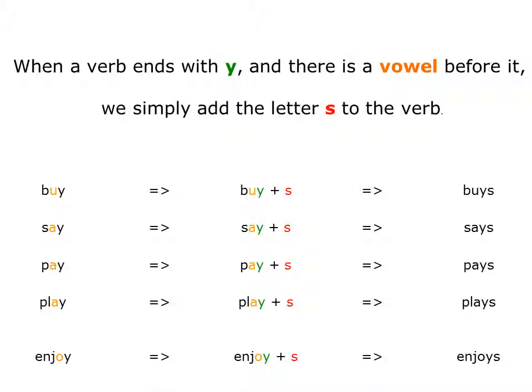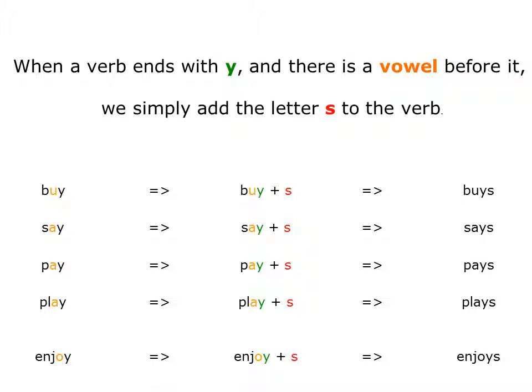We see an example here, says buy, which means comprar, buy, to buy. You see that it ends with Y, but there is a vowel before. Okay, so we just simply add the letter S. Simplemente como la regla dice, acaba en Y, pero hay una vocal antes de esta, así que solamente le agregamos la letra S. Remember, this is just for the third person of singular, okay?